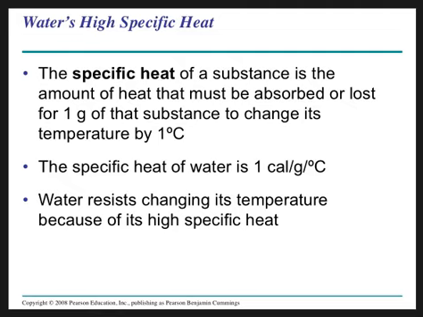The thing about water is that it has what's considered a very high specific heat. Okay? It takes a whole calorie to move 1 gram 1 degree Celsius, and that's a considerable amount. What that means for us is that water doesn't change its temperature easily.